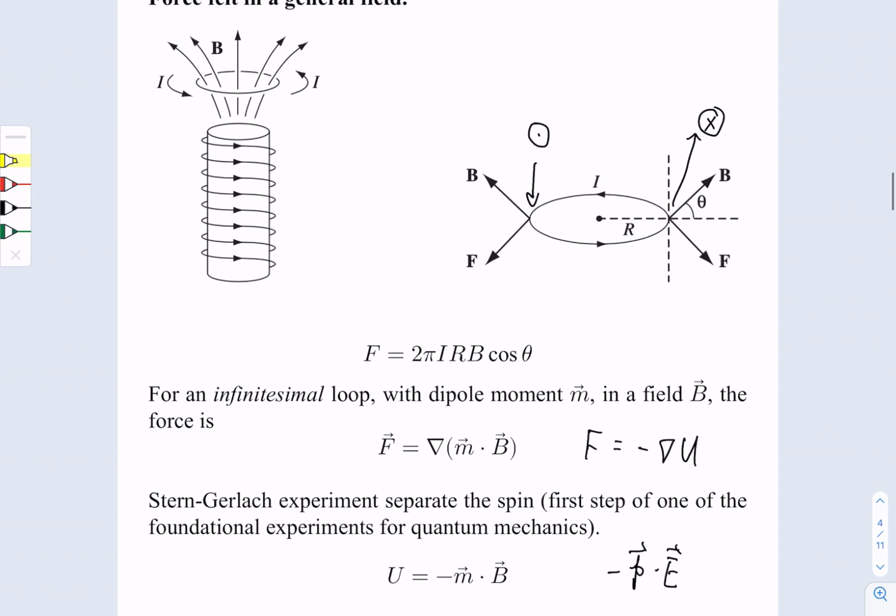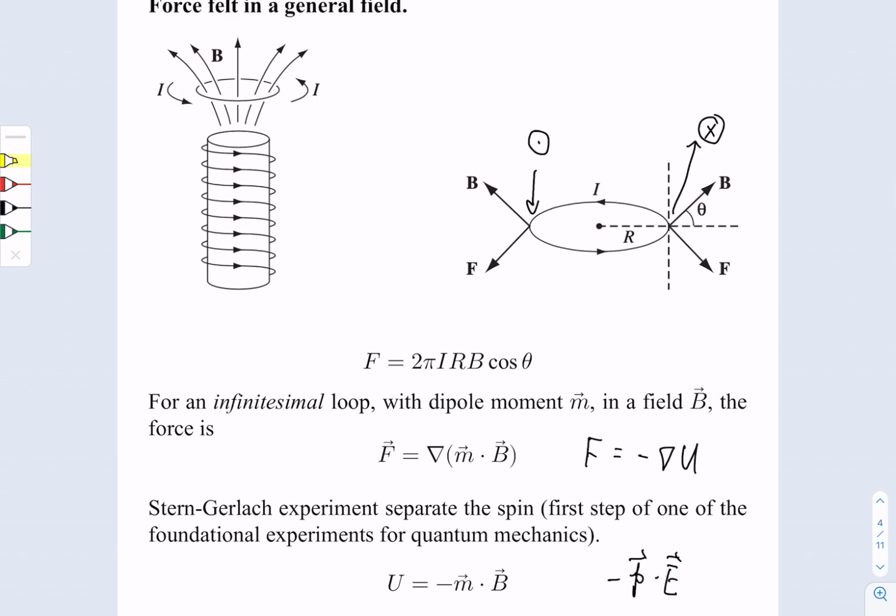In fact, this gradient of magnetic field is what has been used in the Stern-Gerlach experiment.